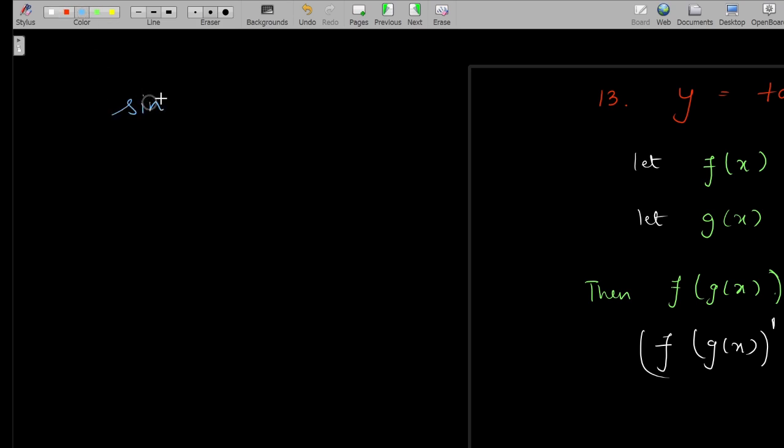What is the derivative of sine? Cosine. What's the derivative of cosine? Would that just be sine? Derivative of cosine is negative cosine, I mean negative sine, sorry.